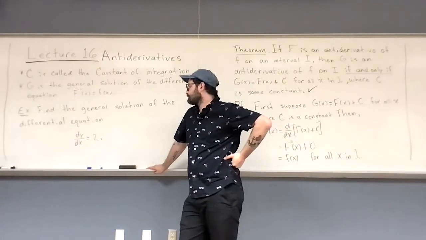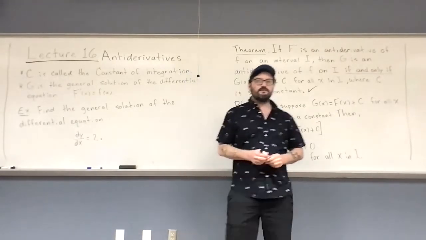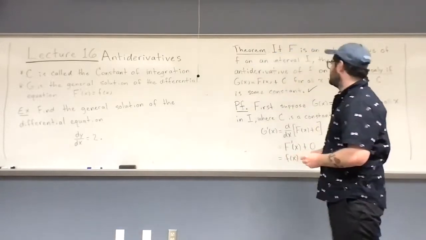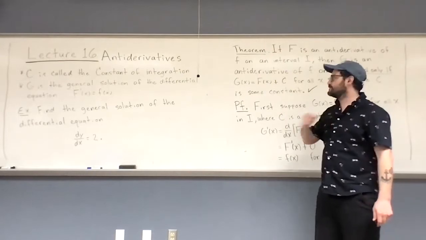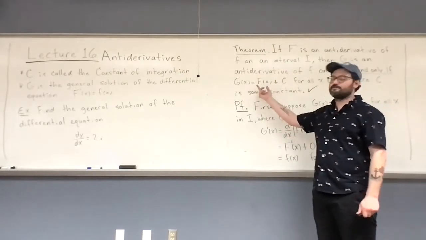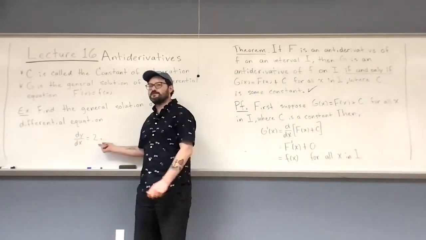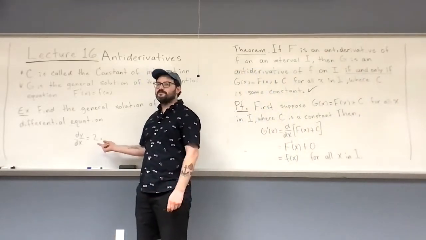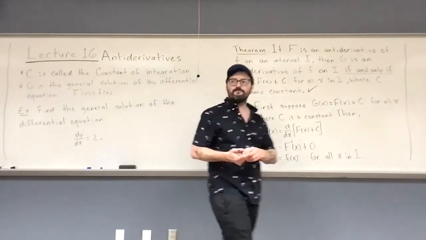So what's a general solution again? It's G of x equals the most basic antiderivative of this function, 2, plus a constant. And we don't know the constant, it's just a constant, right?